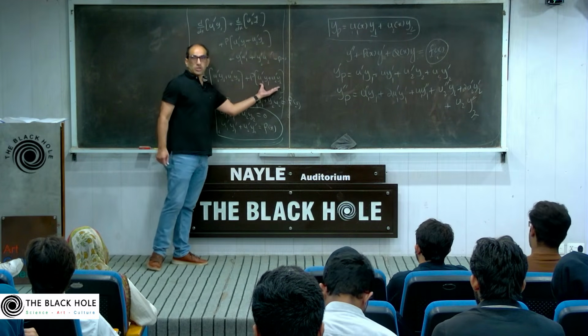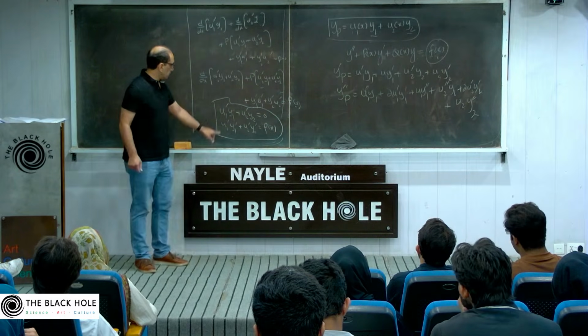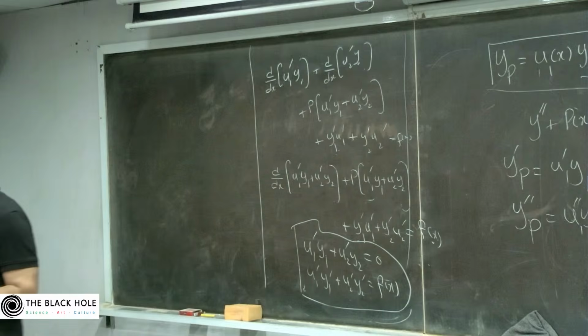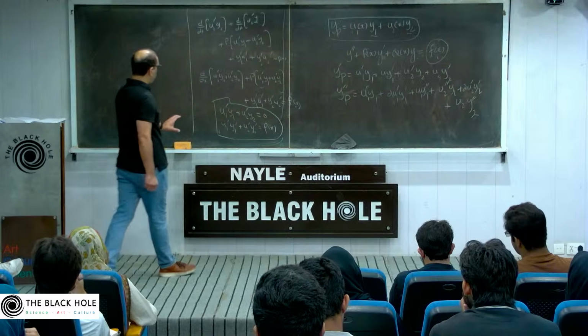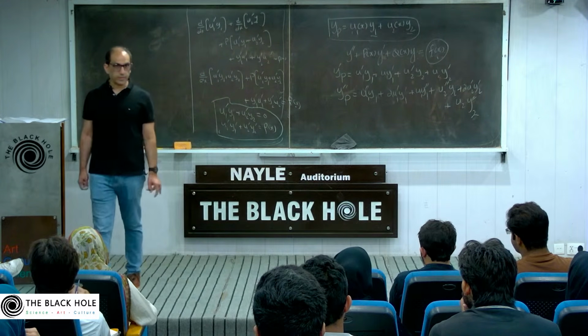We forced the condition that this ought to be 0, and then what we are left with is this. So although this is in u1 dash and u2 dash, this is actually what I want. These are my two unknowns. I take the antiderivative and I will get u1 and u2. But now if I have something like this, do you know any method from where I can solve this?